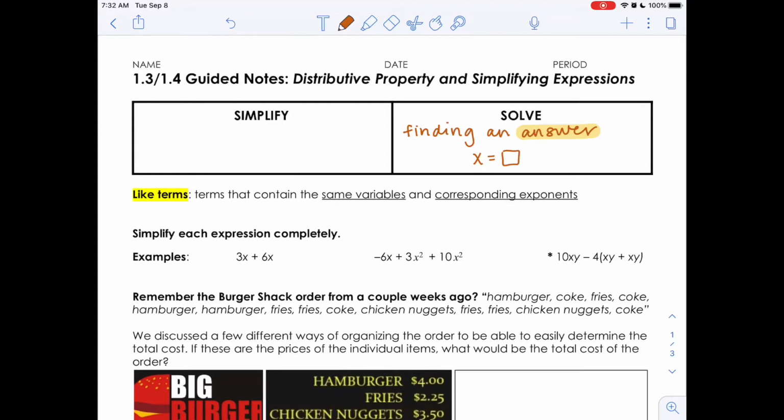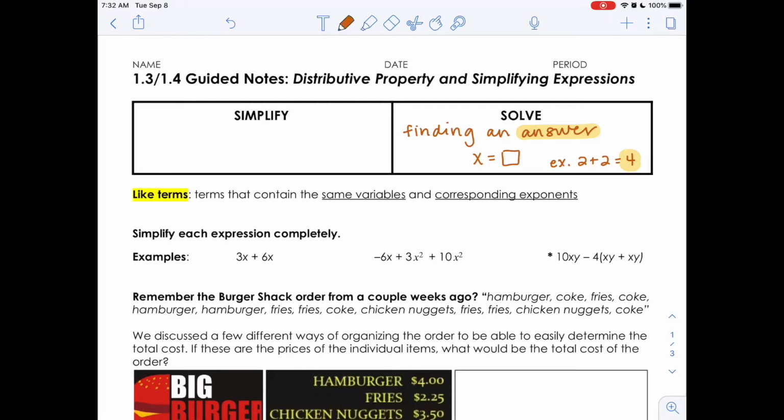Or we'll just end up with a final answer, like a single number, a single solution. So when we're solving, that's probably what we're most used to. So for example, something as easy as 2 plus 2 equals 4. We have a single solution here.